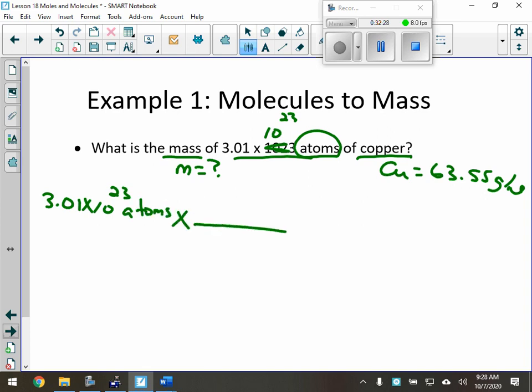Times ratio, right? We are going backwards now, so if we're going between moles and molecules, this part, we have to use this ratio, right? What do I want to put on the bottom? The 1 mole or the 6.02 number with whatever units we're trying to cancel? Yeah.